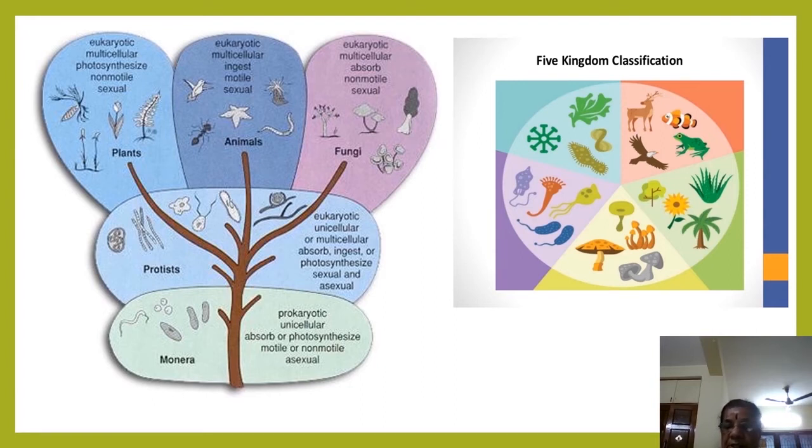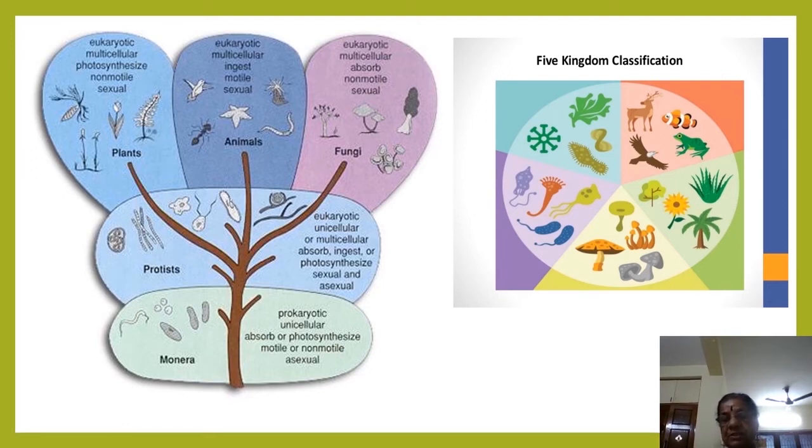The motile structures are cilia, hair-like, or flagella, whip-like. So Monera are prokaryotic, unicellular organisms that absorb food or photosynthesize, show motility or are non-motile, and reproduce by asexual method.